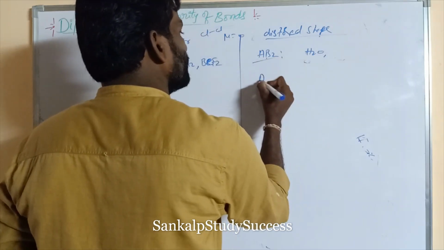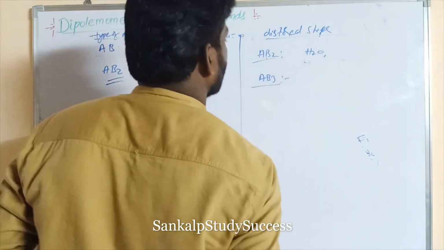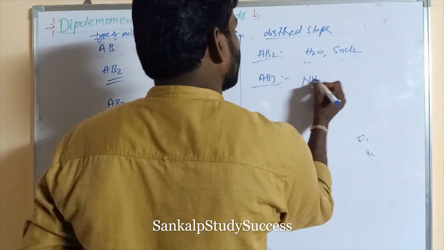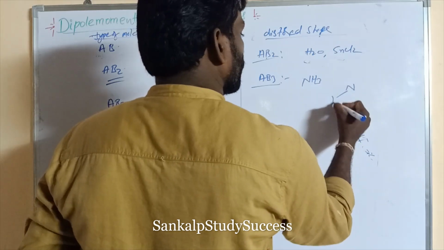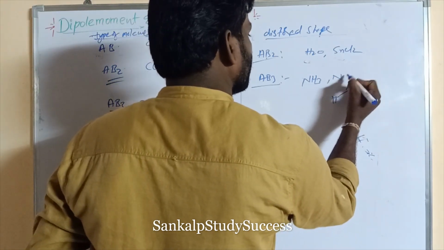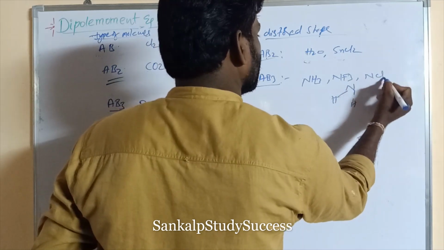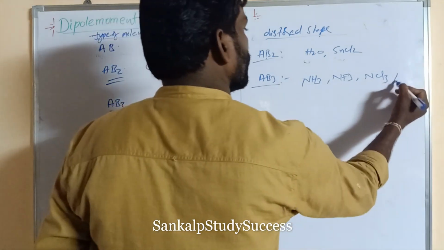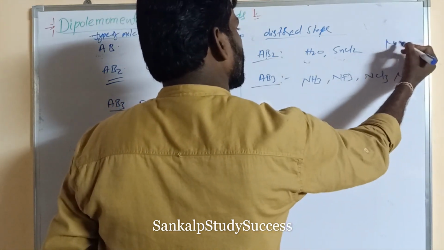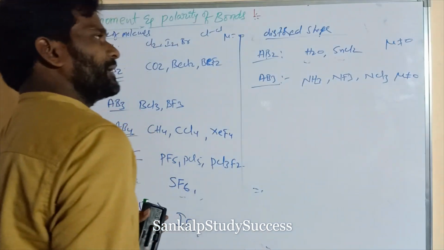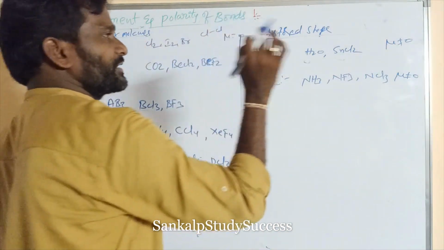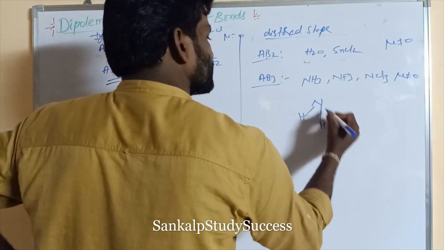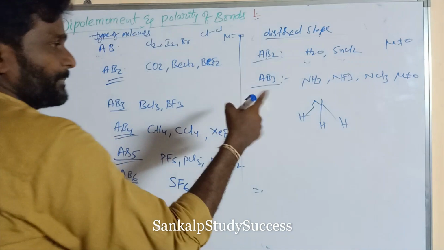Right. Now AB3 type molecules, NH3, here N–H, and NF3, NCl3. So for all of these, the dipole moment is not equal to 0. A molecule containing a lone pair mostly has a dipole moment not equal to 0. NH3, N–H, its shape is pyramidal.